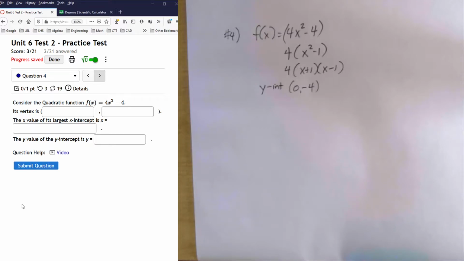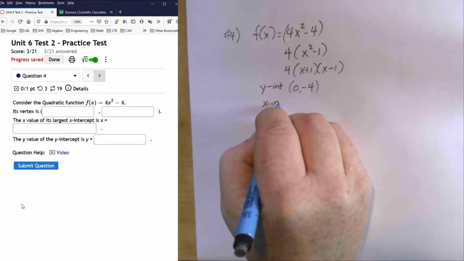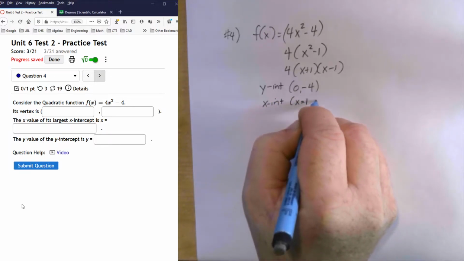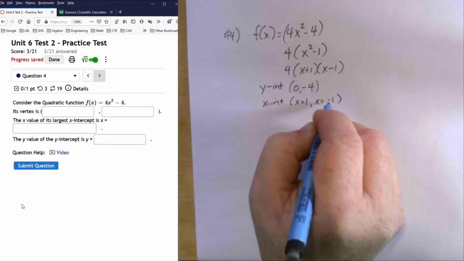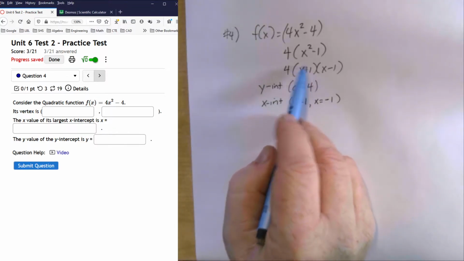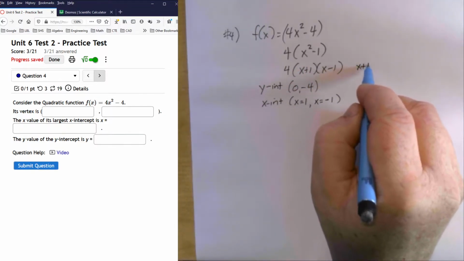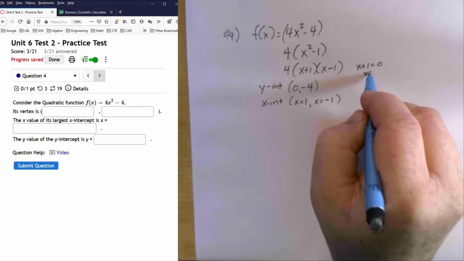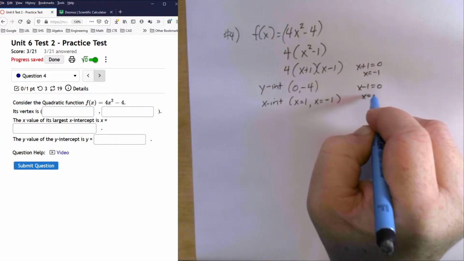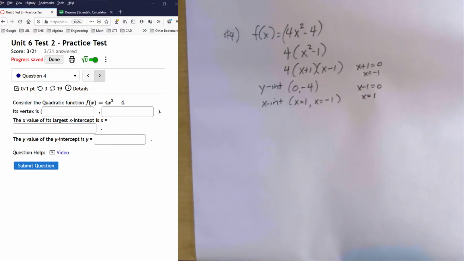And then the x-intercepts are going to be where x is equal to 1 and x is equal to negative 1. Okay? Those are going to be the two values. So for this one right here, where x plus 1 is equal to 0, that's going to be x is negative 1. And where x minus 1 is equal to 0, that's going to be where x is equal to plus 1. So there's my two x-intercepts, okay?